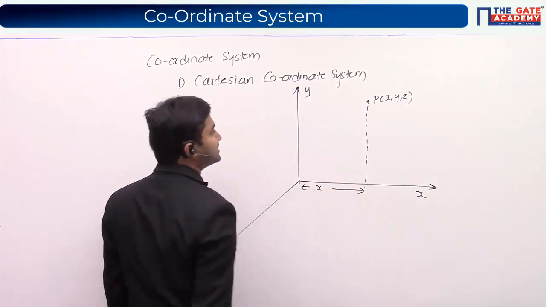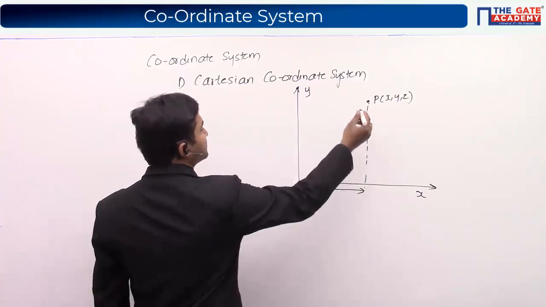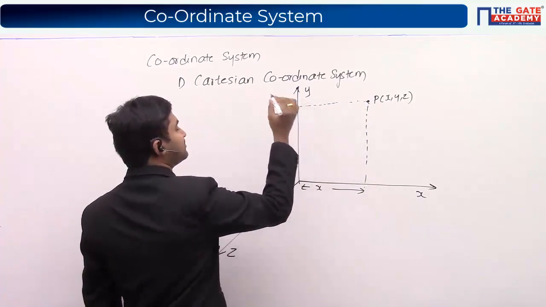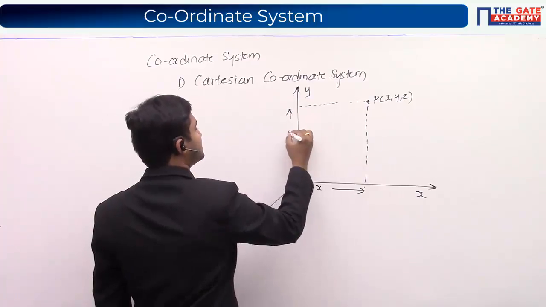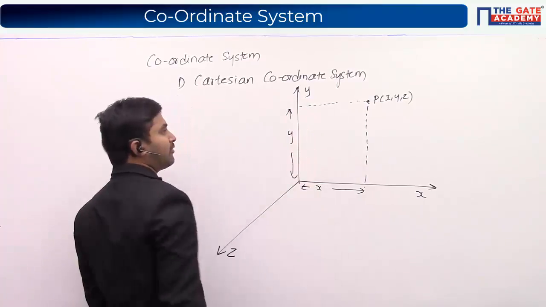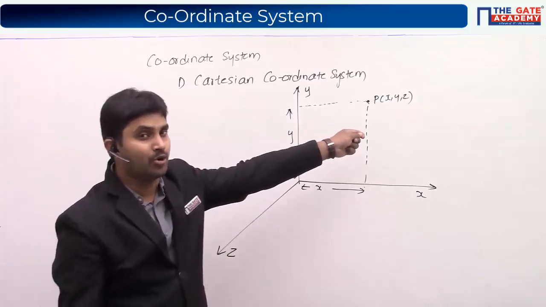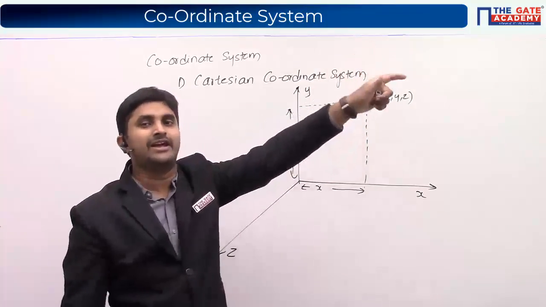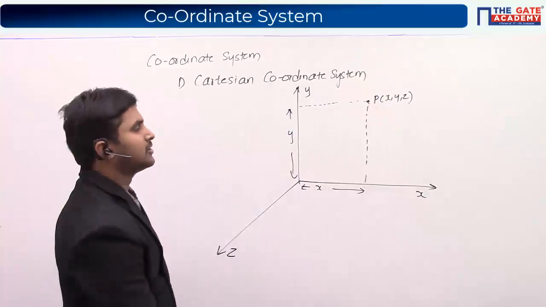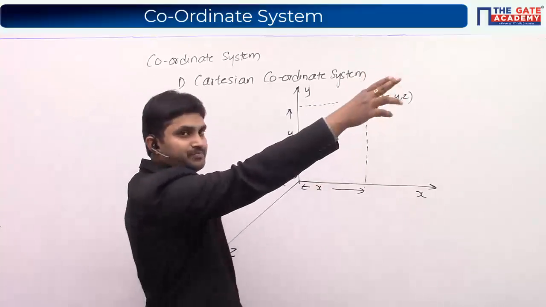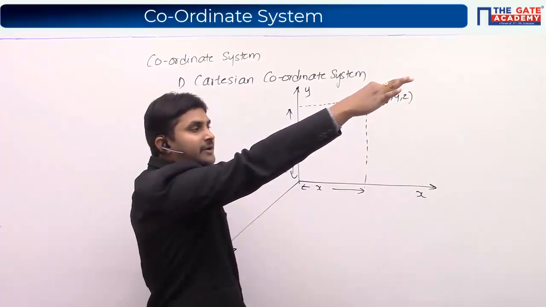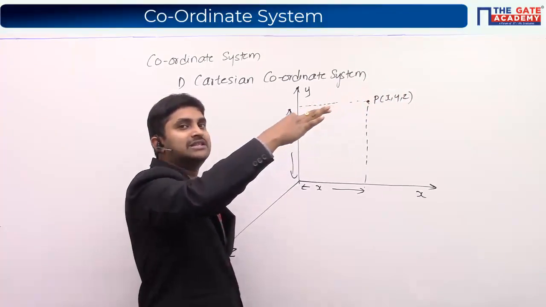If I project this point on the y-axis, the distance covered is nothing but the y distance. Actually, this particular point is not on the board. It can be at any point in space. But if this point comes out and stands here, it means that it is also going to cover the z distance.